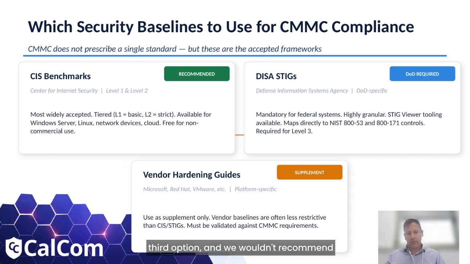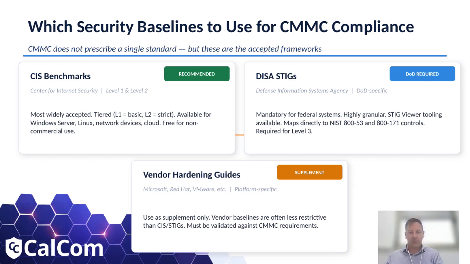The third option, which we wouldn't recommend using as your main baseline, but which might be an additional data source when you are defining your formal baseline, is the vendor hardening guides. If you go to Microsoft, there are baselines for Windows servers and Windows workstations, and the same for Red Hat or VMware.